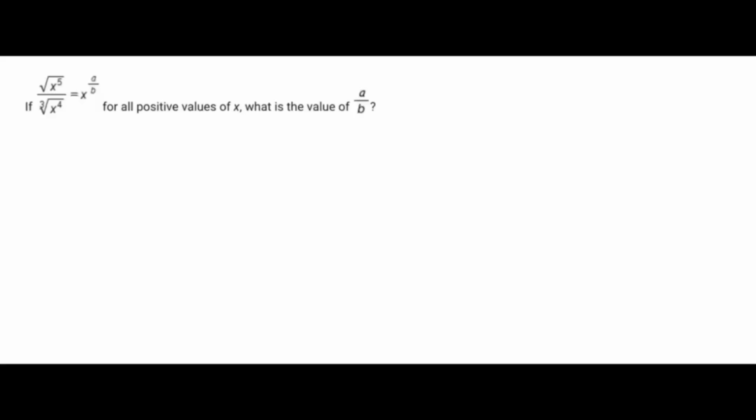If square root of x to the 5th over cube root of x to the 4th equals x to the power of a over b for all values of x, what is the value of a over b? So first off, for both of these radicals, we can simplify and rewrite them.